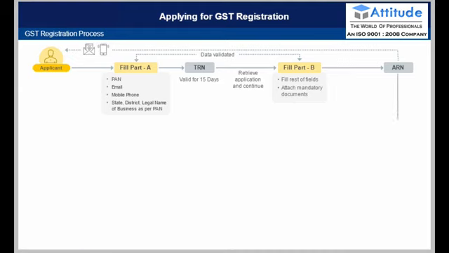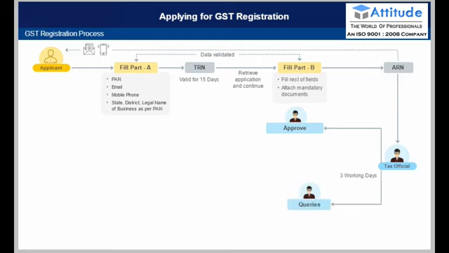After submitting, the application goes to a tax official for processing. The tax official needs to respond within 3 working days, where they can either approve the registration application or raise queries by issuing a notice seeking clarification.